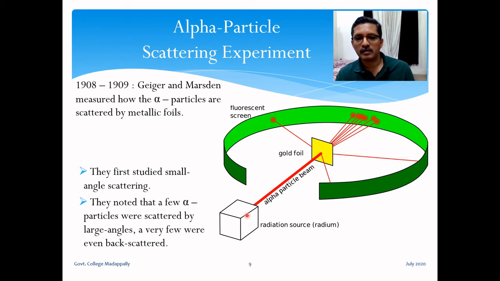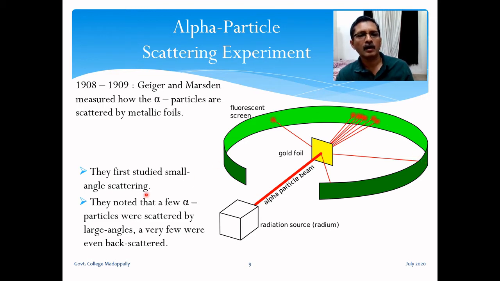When alpha particles are passed through a collimator, they get a narrow beam of alpha particles. Here is a metal foil, either gold foil or any other metal foil. Then to detect the scattered alpha particles, they used a fluorescent zinc sulfide screen. The first measurement technique is used, that is counting the scintillations on a zinc sulfide screen. So wherever alpha particles hit the zinc sulfide screen, they get scintillations.